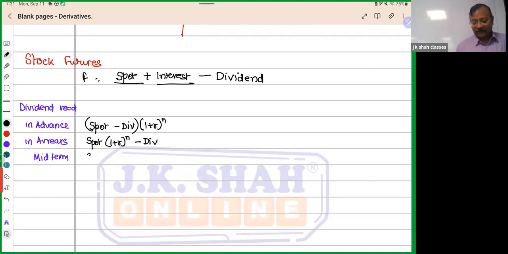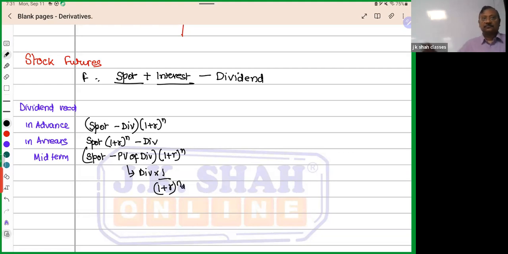And if you are receiving it in between, it is spot minus PV of dividend into (1 plus R) to the power N, where PV of dividend is dividend into 1 upon (1 plus R) to the power D. Dividend after how many days you are receiving, right?